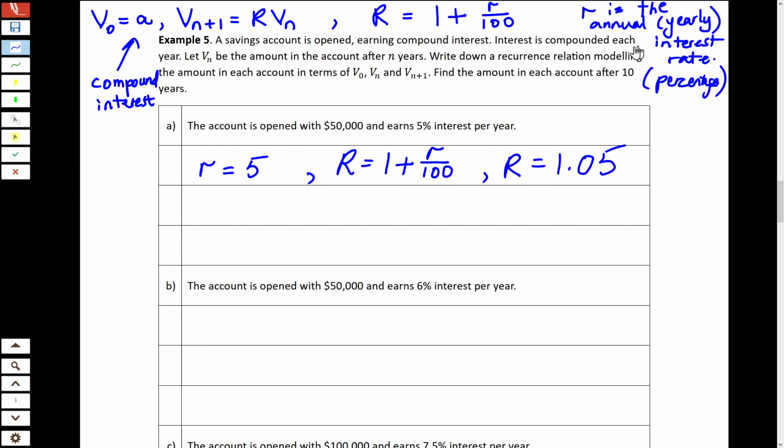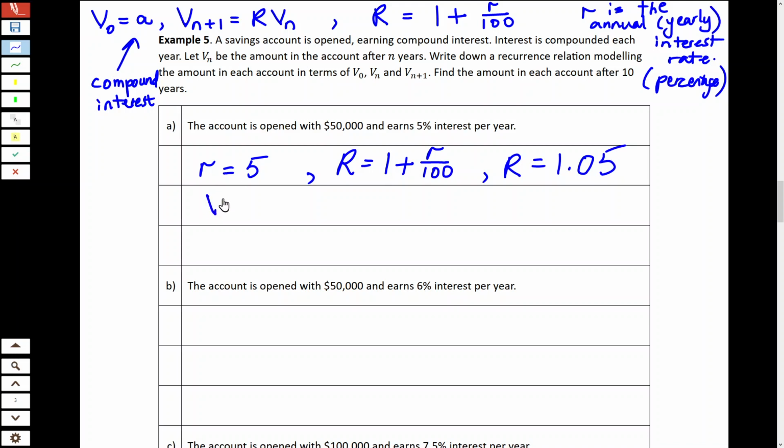We are going to use this capital R in the recurrence relation. So now that I've worked out capital R, I want to set up a recurrence relation to describe how much money I have in the account when it earns compound interest. So, how much do I have at the beginning? 50,000.